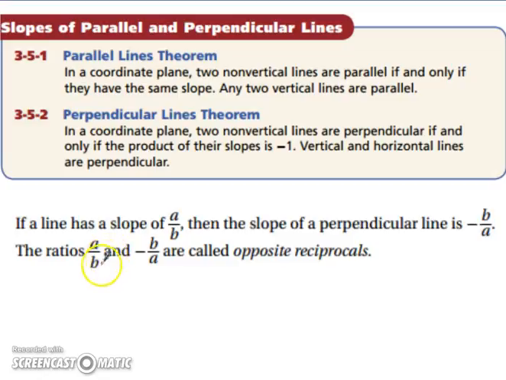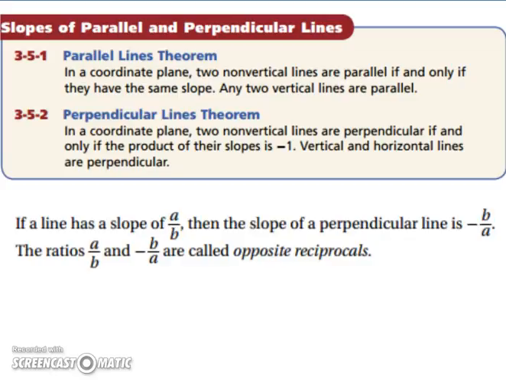If it was positive, it's now negative. That covers our opposite. And reciprocal, you're going to reciprocate the fraction, so you're going to flip it. So if it was a over b, it will now be b over a. So if your slopes are opposite reciprocals, your lines are perpendicular.